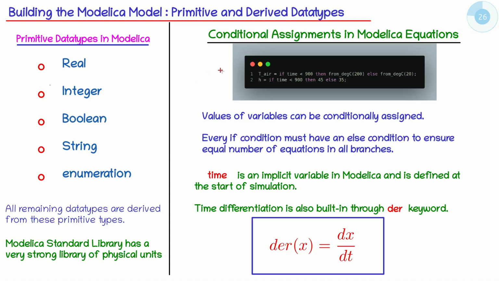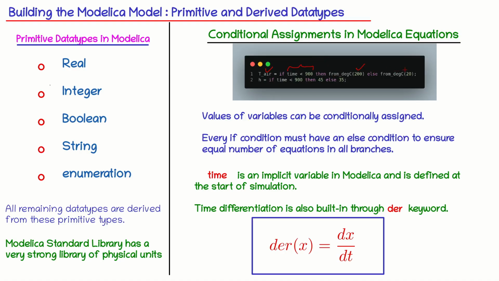A few other important aspects that we need to understand before we build the model is conditional assignments in equations. So here, the T air value, that is the temperature of the air in our model, is assigned using an if-else condition. It says when the time is less than 900 seconds, we are just saying 900 because time is implicitly taken as seconds, then the value of T air will be 200.